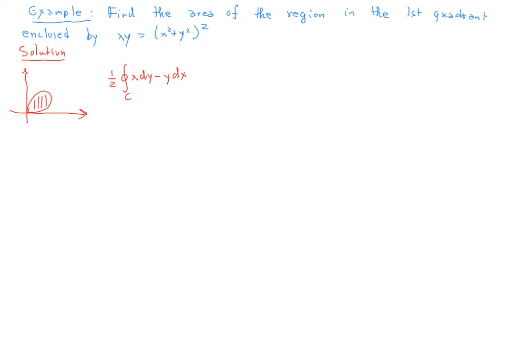So the big question here, if we are to follow what we did in our previous example, is how do you find the parameterization for this? Now, this is not that straightforward, and we're going to use a very interesting parameterization.